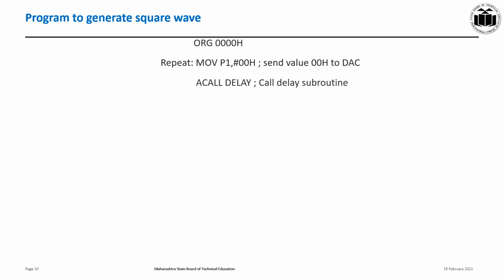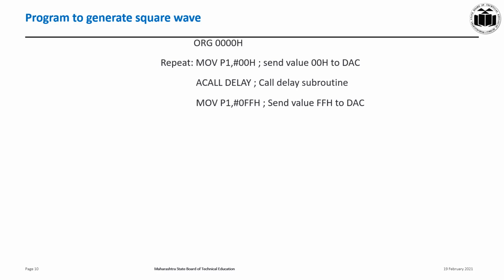Then the instruction ACALL DELAY calls a delay subroutine. As long as this delay subroutine is getting executed, the data on port 1 is 00H, which means the DAC analog output is 0 volts. After the delay subroutine is over, the MOV P1, #0FFH instruction sends value FFH to DAC.